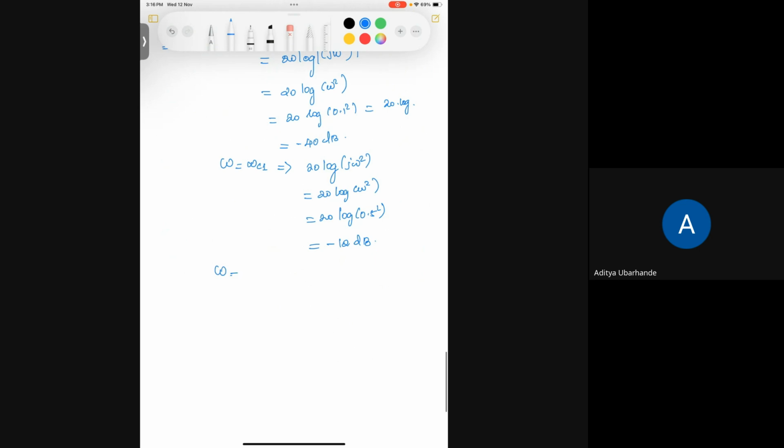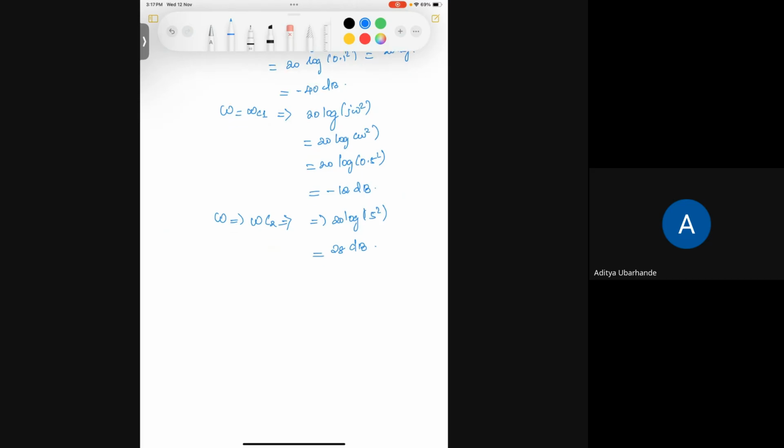The next thing is to calculate at omega equal to omega C2. This will give me 20 log of 5 squared, which is 25, so I get 28 decibels. So these are the magnitudes at the corner frequencies.